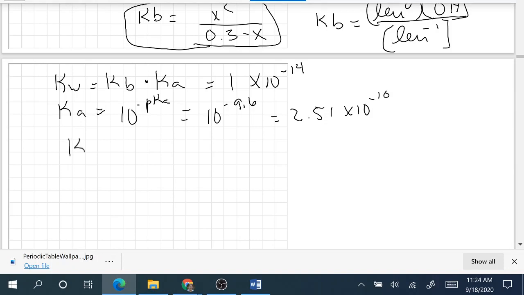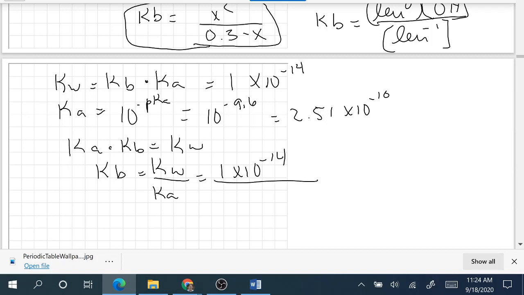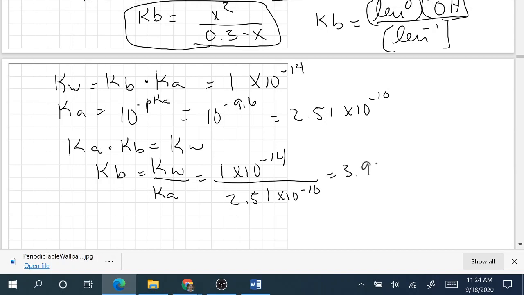Okay, and Ka times Kb equals Kw, so Kb is equal to Kw over Ka, which is equal to 1 times 10 to the minus 14th over 2.51 times 10 to the minus 10, which is equal to 3.98 times 10 to the minus 5th. So that's our Kb.